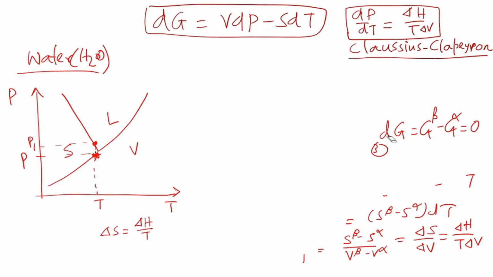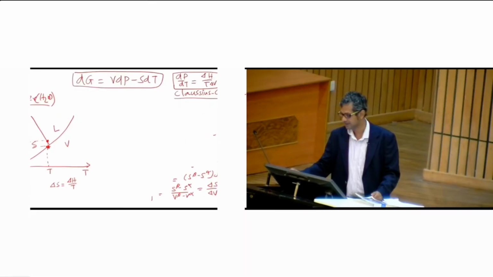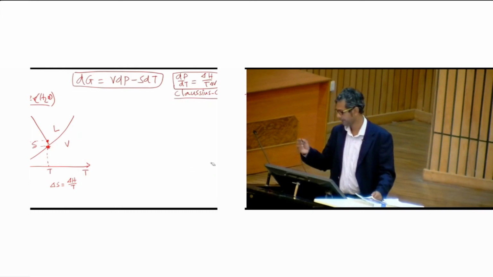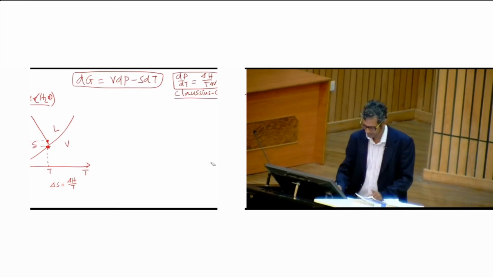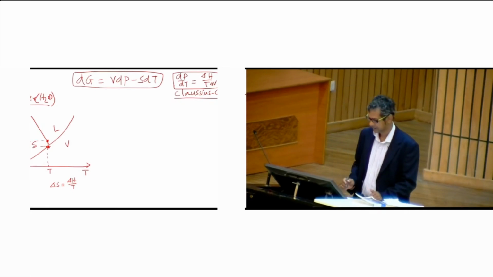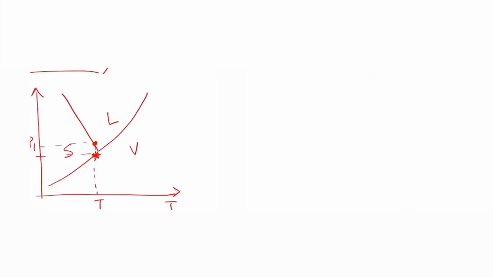Something we need to know in the bulk size before going to nano size. So we are going to consider any of these two equilibria, that is solid-vapor or liquid-vapor.